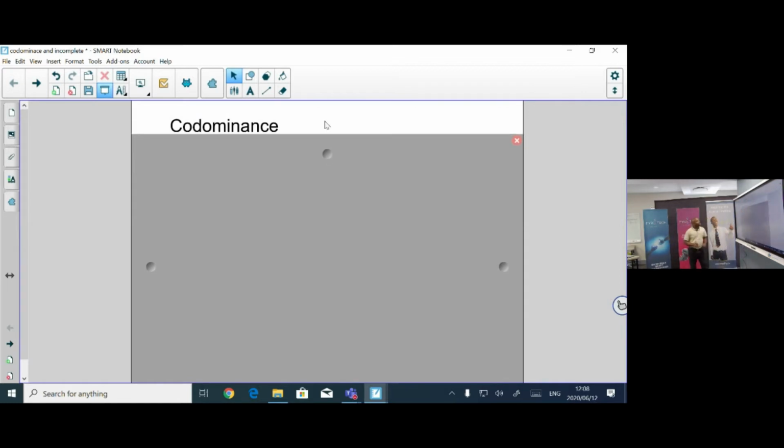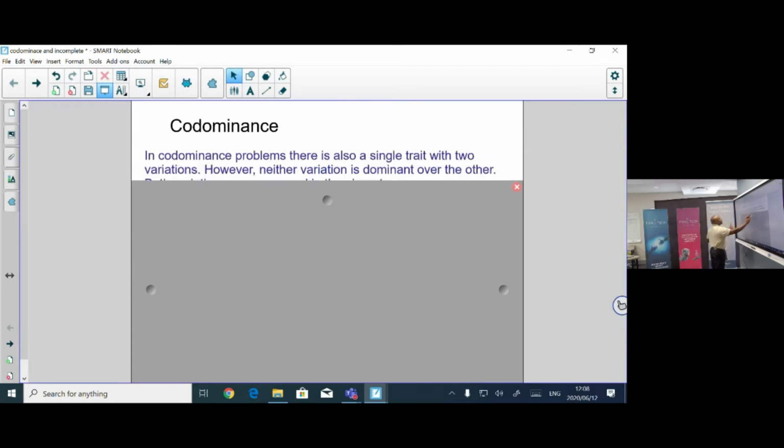So what I want us to do is continue to look at a scenario of codominance. After codominance, we look at incomplete or partial dominance. Then we look at the genetic diagrams. That's where our Punnett squares come in as a way of helping us to solve some genetic diagrams.